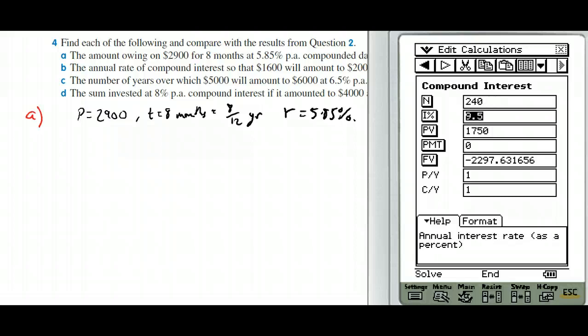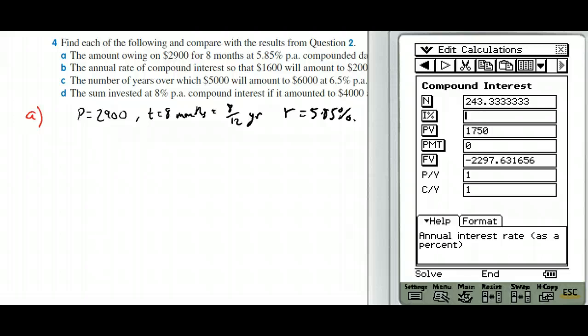If we wanted to do it a bit more precisely, I guess we could do 8 divided by 12. That's the fraction of a year that we're dealing with, and then multiply that by 365 days in the year, and we get 243 days, so slightly more. That's going to give us a more accurate answer.